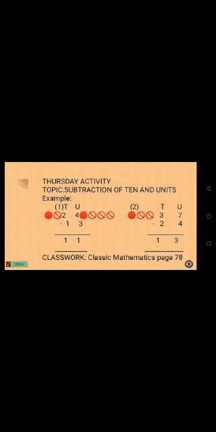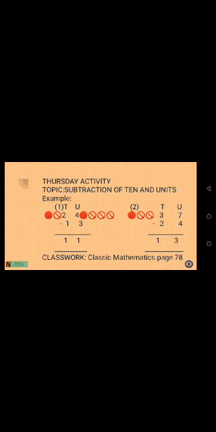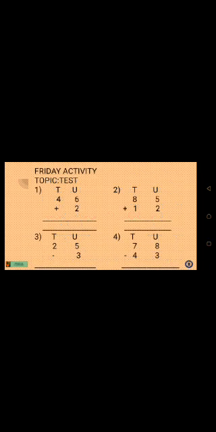Let's take it away. 1, 2. How many do we have left? 1. Then you write it. Is that taken? Very good. Now our activity for today is still on Classic Maths, page 78. And then we'll move to the next one, which is on Friday, which is our test day.